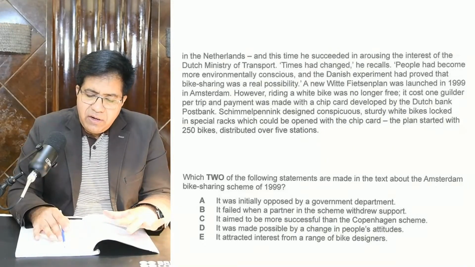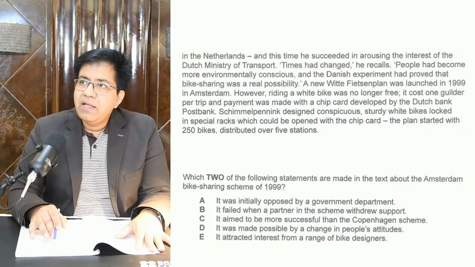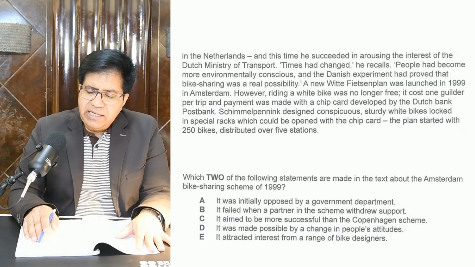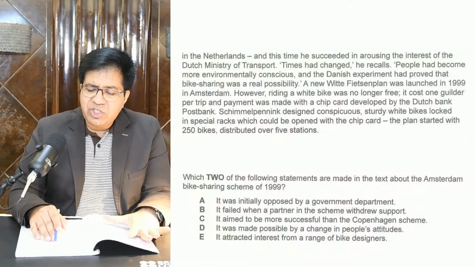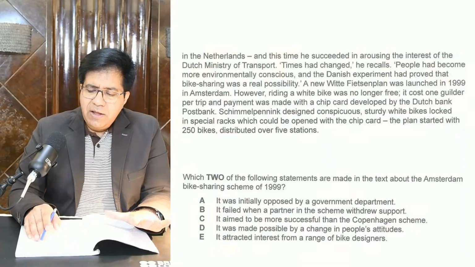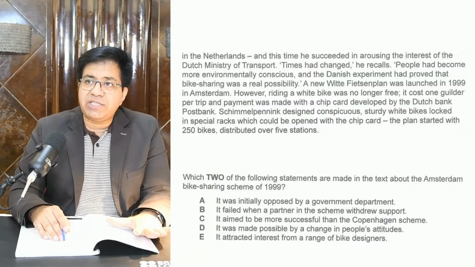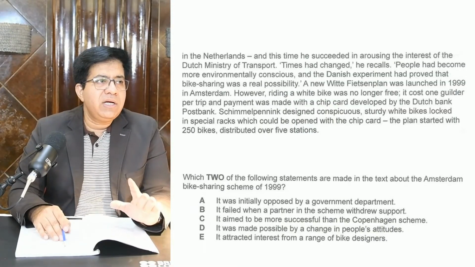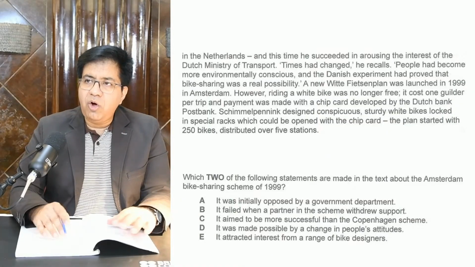They say here, this time he succeeded. First line, found it? This time he succeeded in arousing the interest of the Dutch Ministry of Transport. Times had changed, he recalls. People had become more environmentally conscious. Now, this is one point he is making. What is the point? Times had changed. People had become more environmentally conscious.